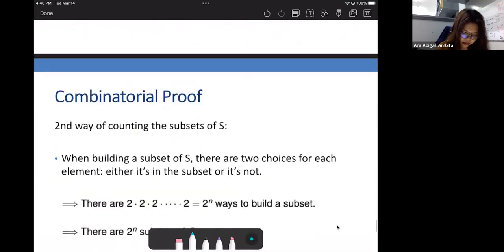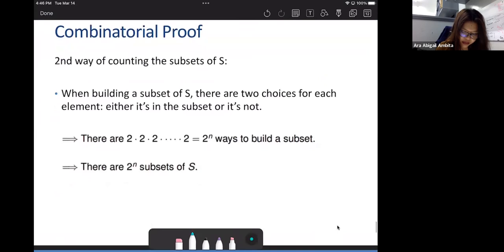Okay. And what about the second way of counting the subsets of S? When we are building a subset of S, there are two choices for each element: either it is in the subset or not.